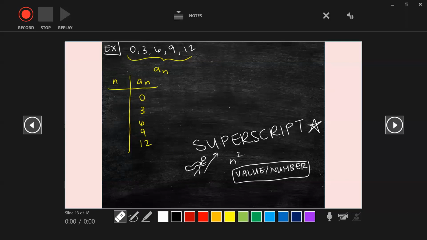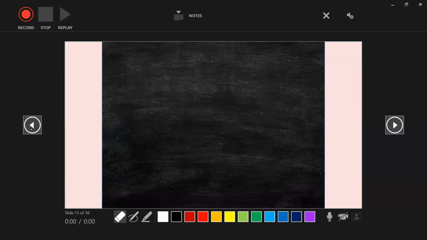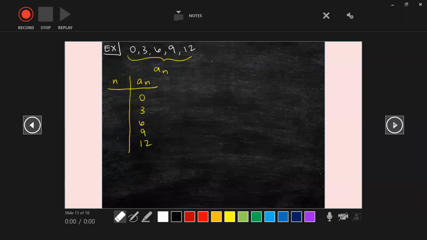What did we say n was? Yeah, it's the place. It's kind of like its place in line, right? So 0 is our first term. 3 is our second term. 6 is our third term. 9 is our fourth.